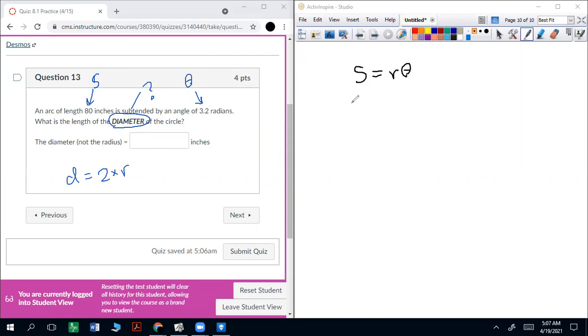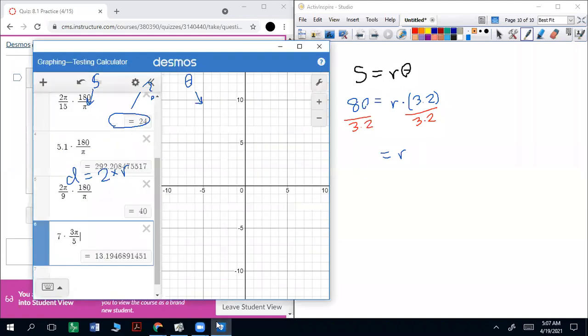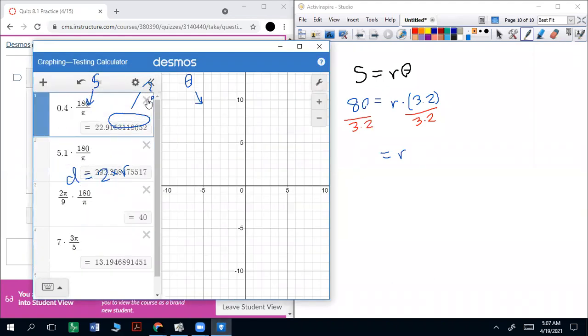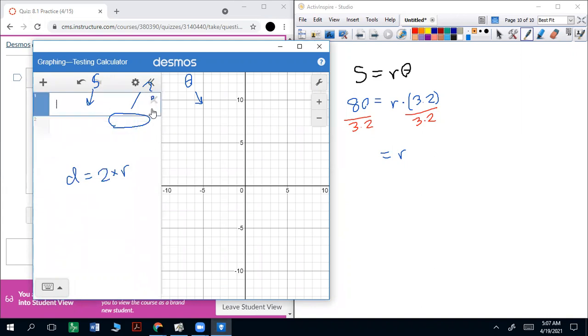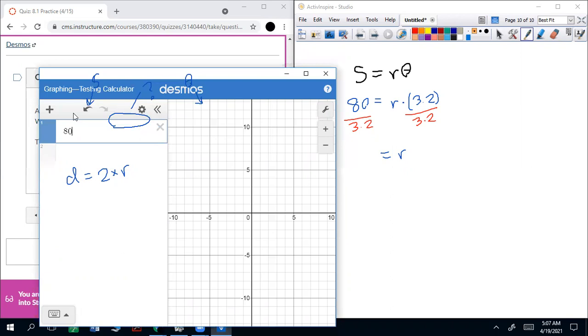So first we have our S, that's going to be 80. We don't know r, but we do know that theta is 3.2. So let's first divide by 3.2. Your radius is going to be 80 divided by 3.2.